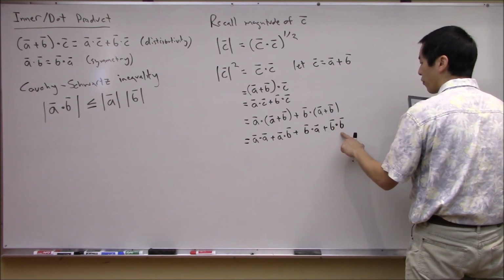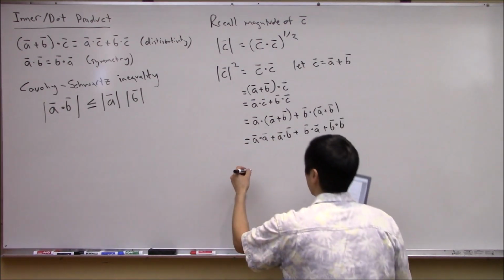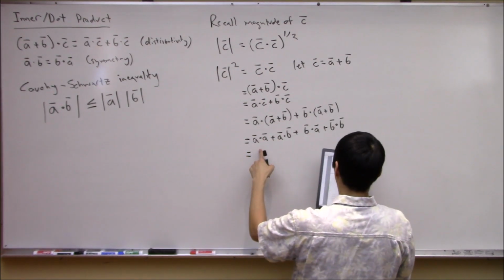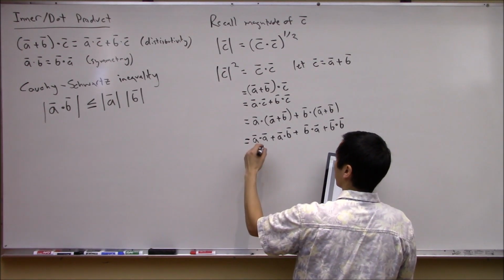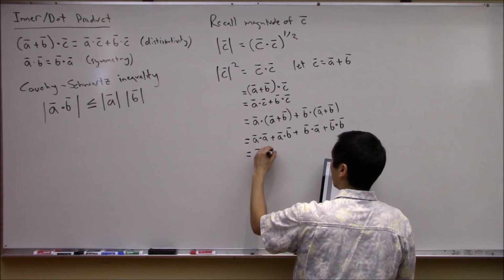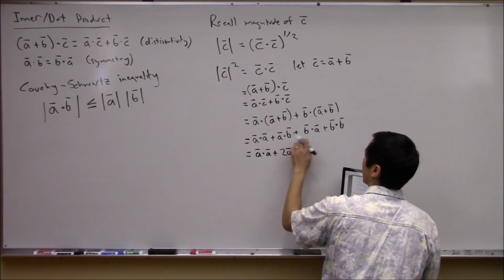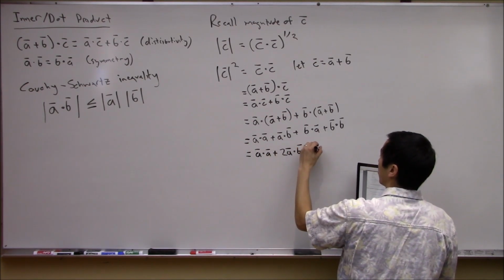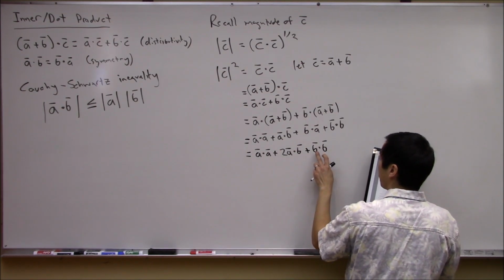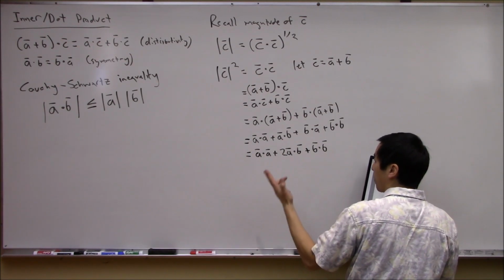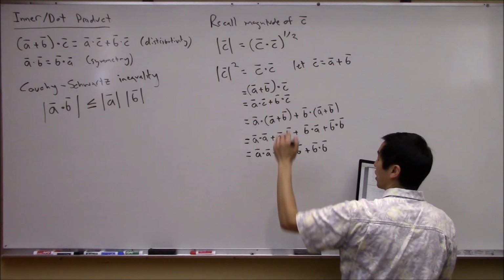Now recall, from symmetry, A dot B is the same as B dot A. It's the exact same thing as we saw up there. So I can write this whole thing as, and let's not skip steps, A dotted with A plus 2 times A dotted with B, that's the symmetry combining these things, plus B dotted with B. Now remember, B dotted with itself and A dotted with itself is basically the same thing as the norm of A squared, taking into account that square root.